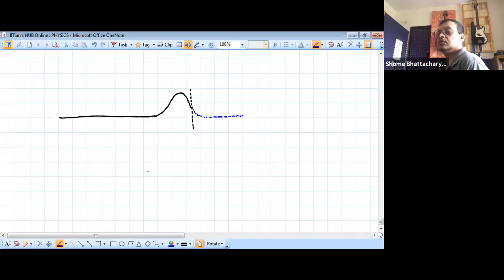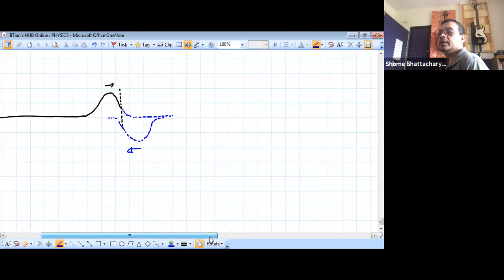So this is here. And at that point of time, my imaginary pulse traveling like this would be something here. So what is the actual superposition of these two? What is the superposition of these two going to look like?